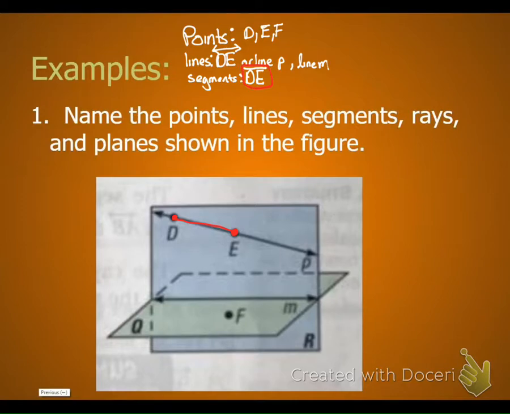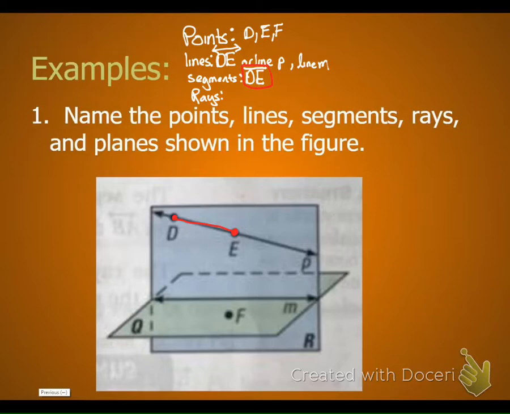Next up, we have rays. I think of naming all of these, naming the rays is the most confusing. When we name a ray, the endpoint, the point that just stops, not continuing on, is always what goes first. So the only line that has points on it right here is going to be this line P still, right?